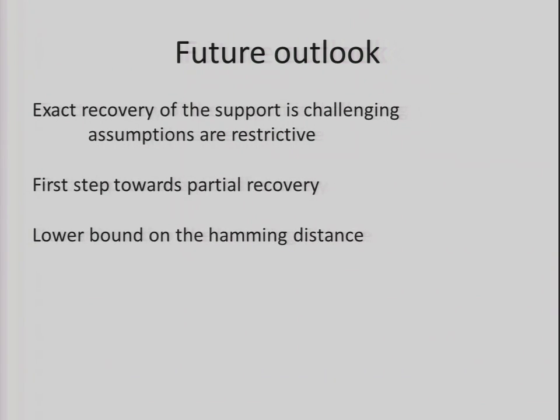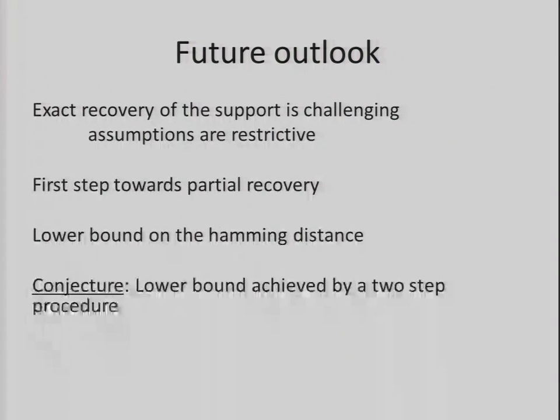In this paper, we also show a lower bound on Hamming distance. Although we consider only the conditions when the support can be exactly recovered, we also consider lower bounds on estimation procedures that return a support set that has low Hamming distance between the true set and the estimated set.